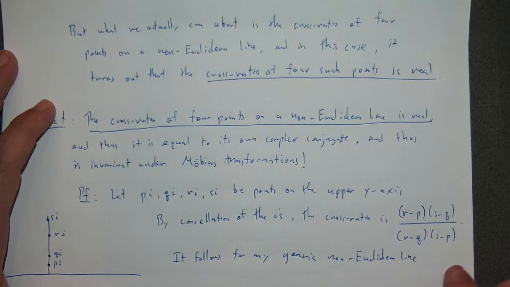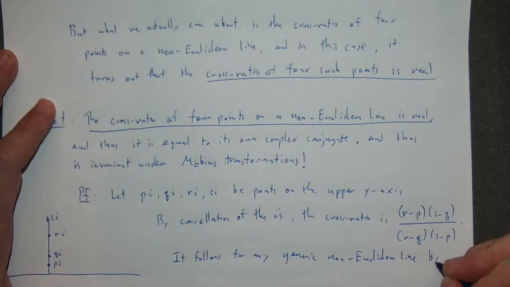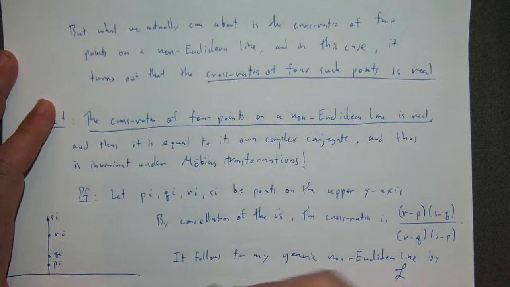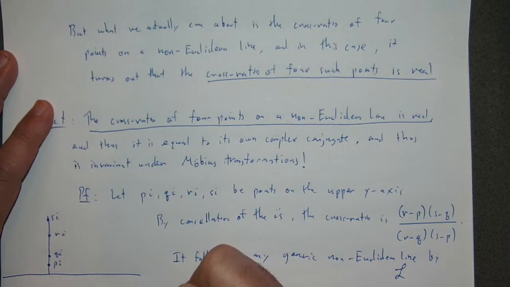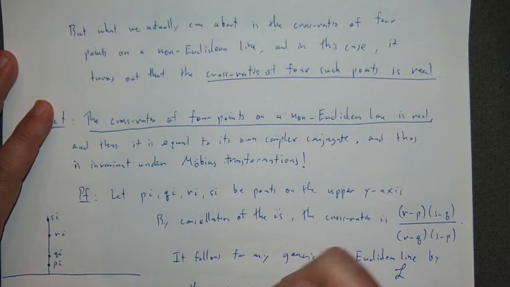The important bit was what I said on the previous page, which I'll bring back here in a second. So it follows for any generic non-Euclidean line, we'll call this non-Euclidean line L, by mapping the upper y-axis onto L by a Möbius transformation.